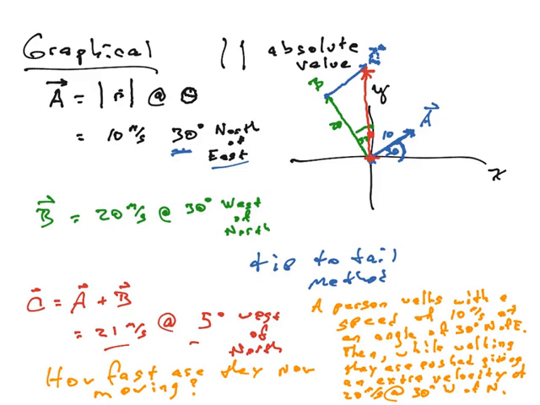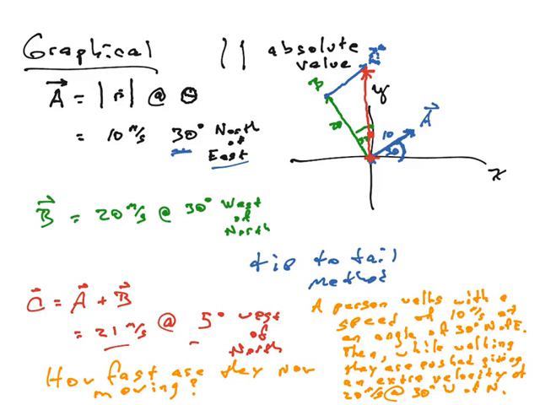Then the person driving the boat turns on the engine and sets the engine to give them a velocity of 20 meters per second, 30 degrees west of north. Of course, the current is still affecting them. So there's two different effects happening to this boat, and I want to know what's the final result? What's the final velocity, and in which direction is this boat moving?